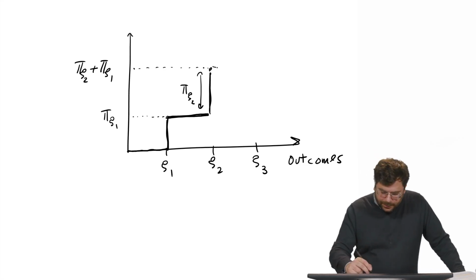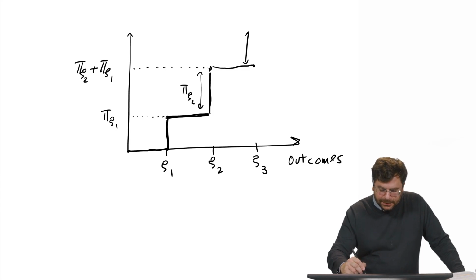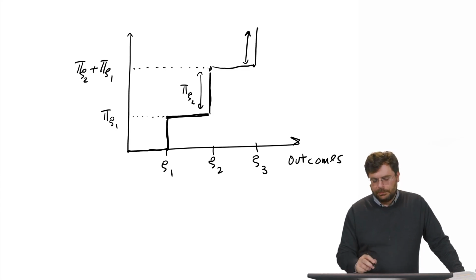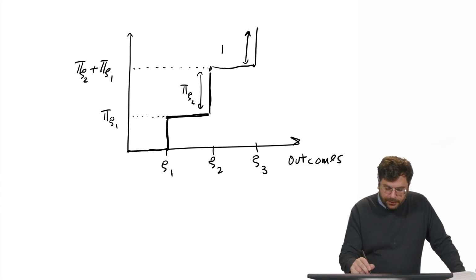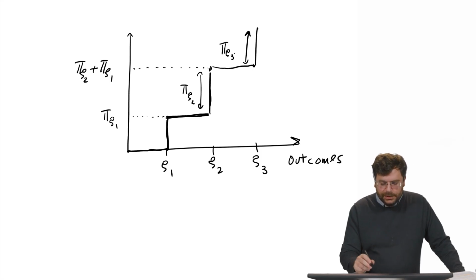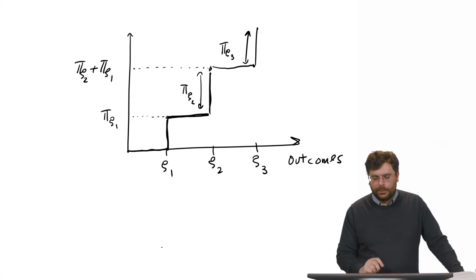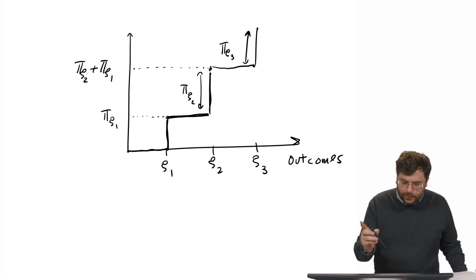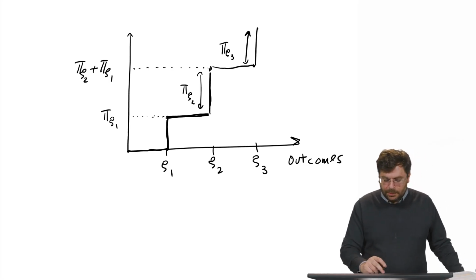And now by the time I get to pi rho 3, I need to add the value of pi rho 3 to the value of pi rho 2 and pi rho 1. Now, I can ask the question, what is going to be the sum of pi rho 1 plus pi rho 2 plus pi rho 3?